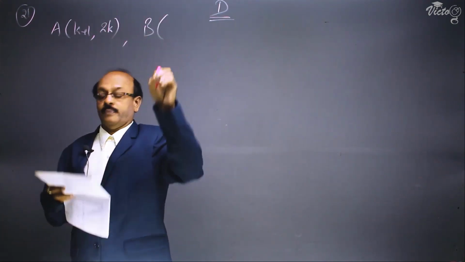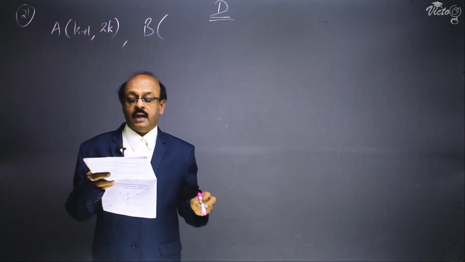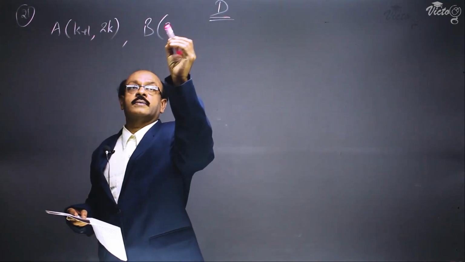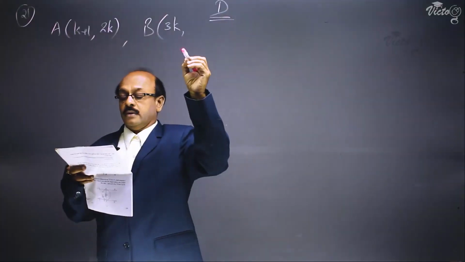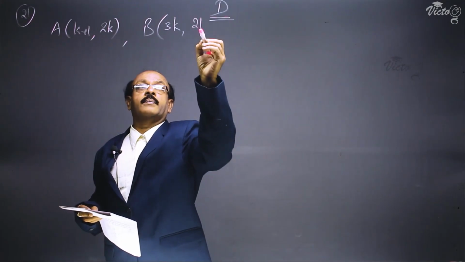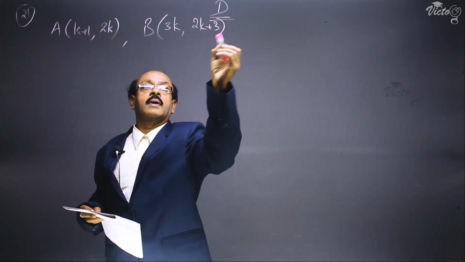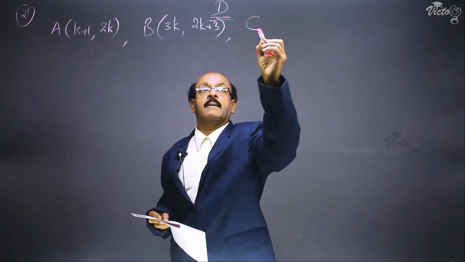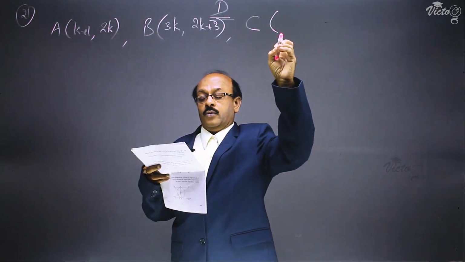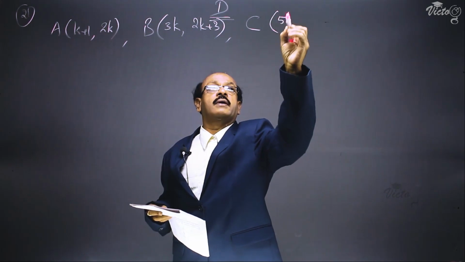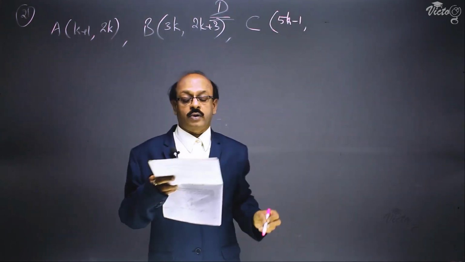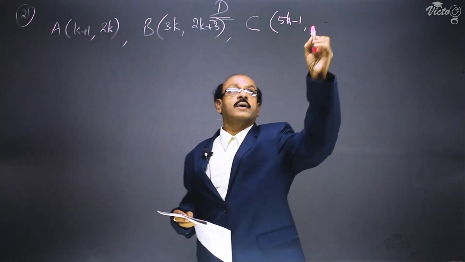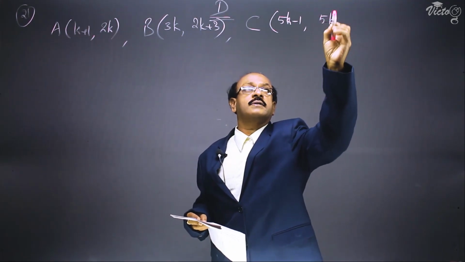Then B: 3k is the x coordinate, 2k plus 3 is the y coordinate. Then for the point C, 5k minus 1 is the x coordinate and 5k is the y coordinate.